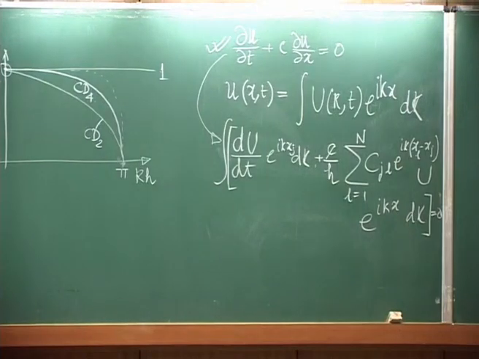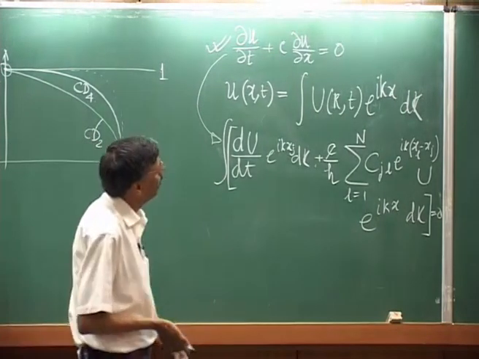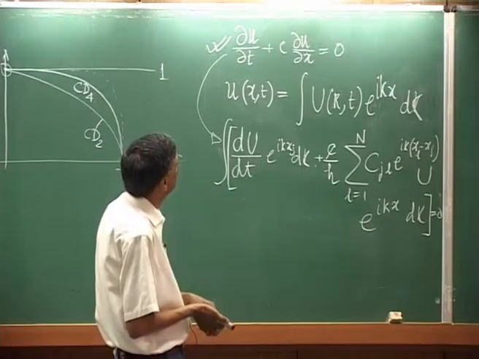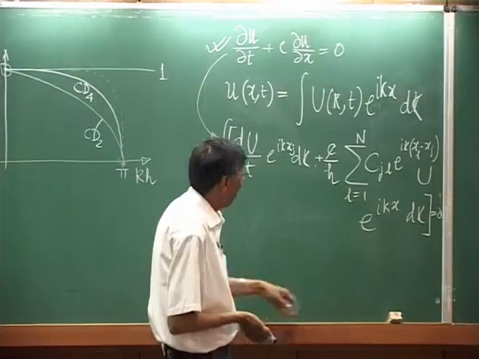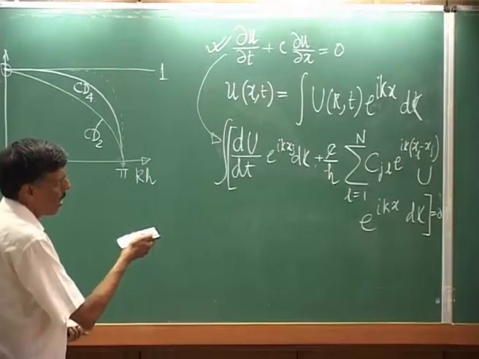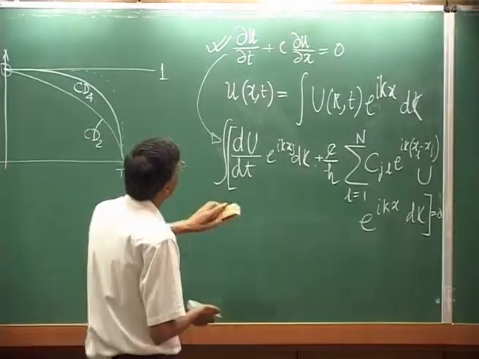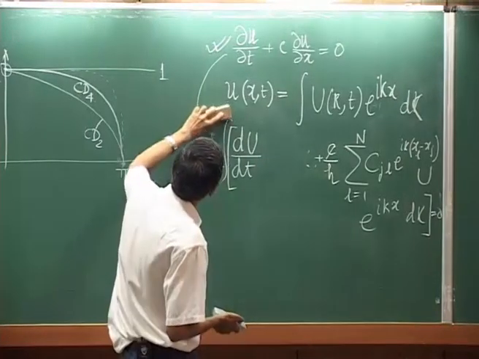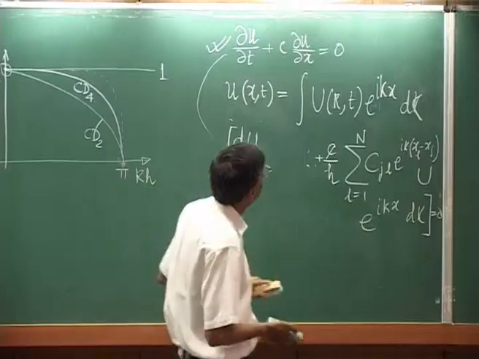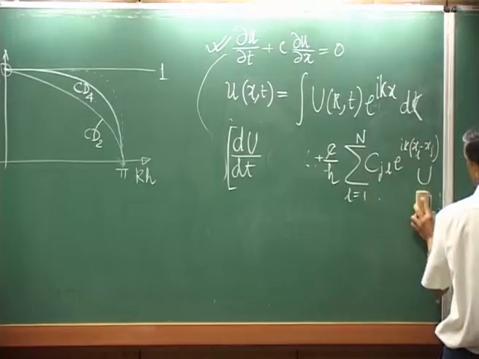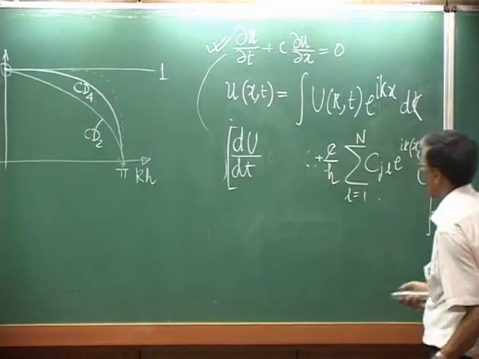Now, of course, if it is true for the integrated quantity, then the integrand itself must be equal to 0, and that is what you have here. The top equation is essentially this. Essentially what we have done is remove the phase part, remove the integral part, and what I have here is this.